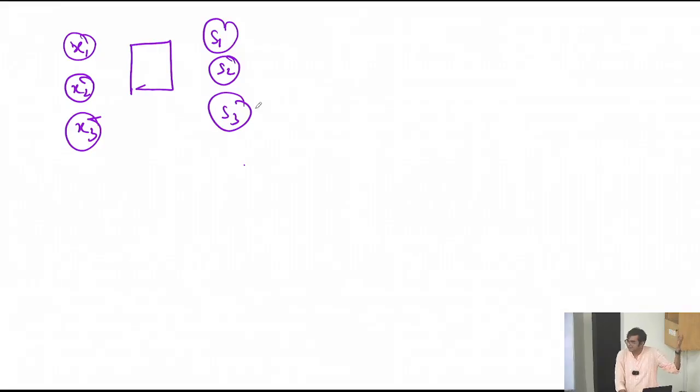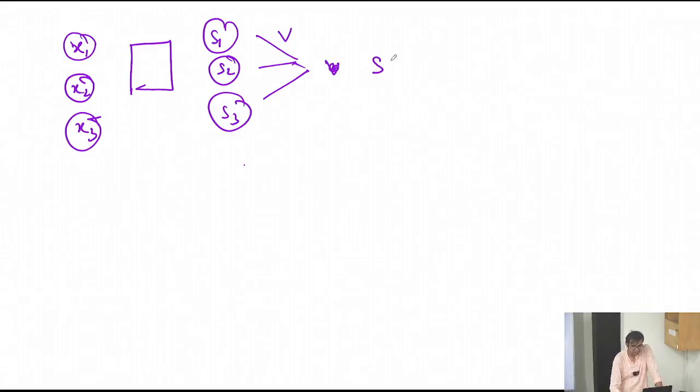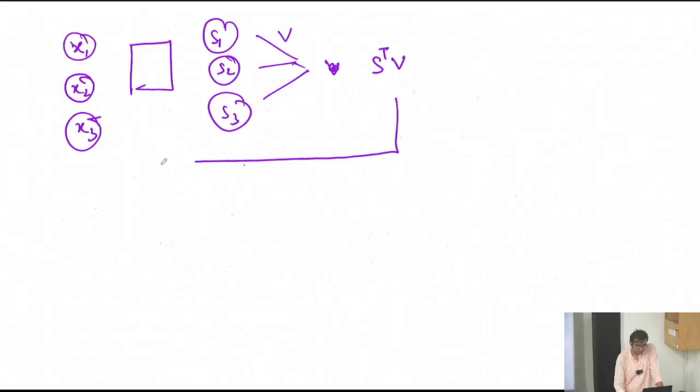V you sample randomly, there is nothing to learn with V, right? So you will do a projection using V and you will get, what? S transpose V or V transpose S, whatever you like, correct? You will get S transpose V. Take this and do a back propagation.